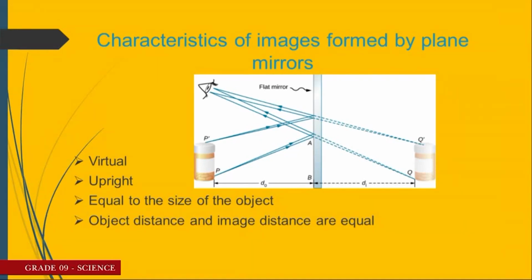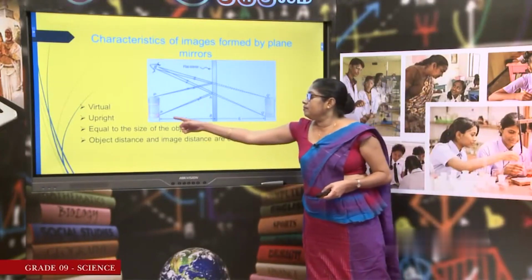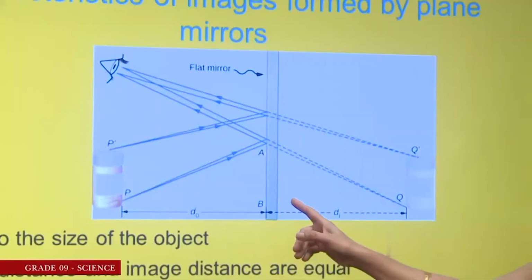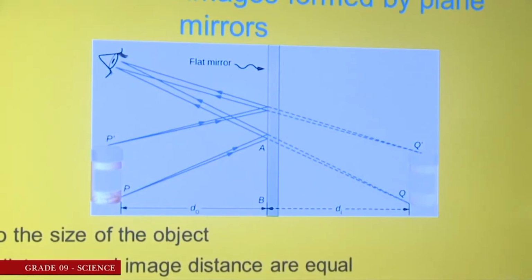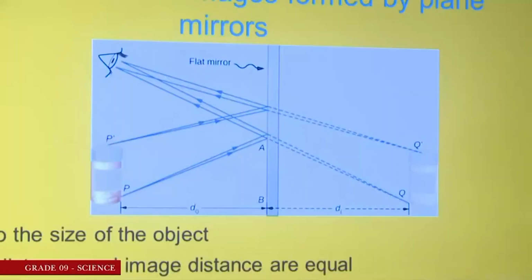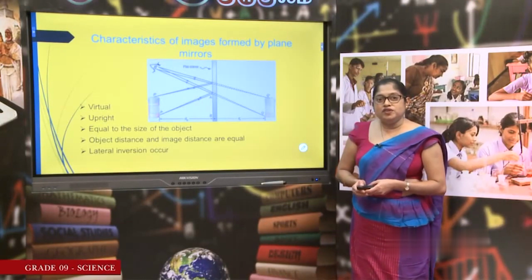Object distance is the distance between the object and the plane mirror. Image distance is the distance between the plane mirror and the image. So, when you see through the plane mirror, another characteristic of the image is lateral inversion.